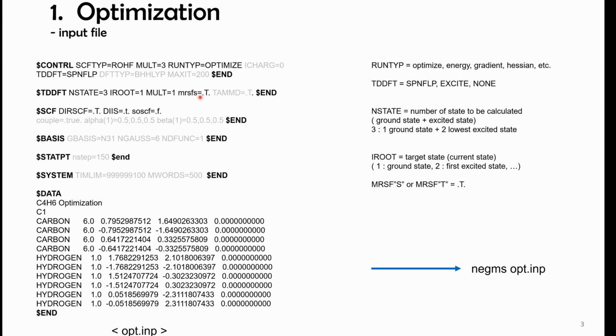If you say no, it will calculate spin flip, not the MR spin flip. You anyway use multiplicity 3 in control. Control always has to be 3, if you use ROHF. Even if you use a UHF, that's what we developed recently, the multiplicity is also 3.